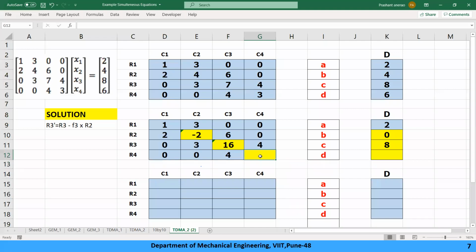Okay, two of you guys are correct. Wrong. Okay, some are making mistakes. See, for row number 4, which one do we want to make zero? We want to make 4 zero. So the numerator is 4, divided by the corresponding pivot element, the diagonal element above it, that is 16. So this is your factor, 4 by 16.